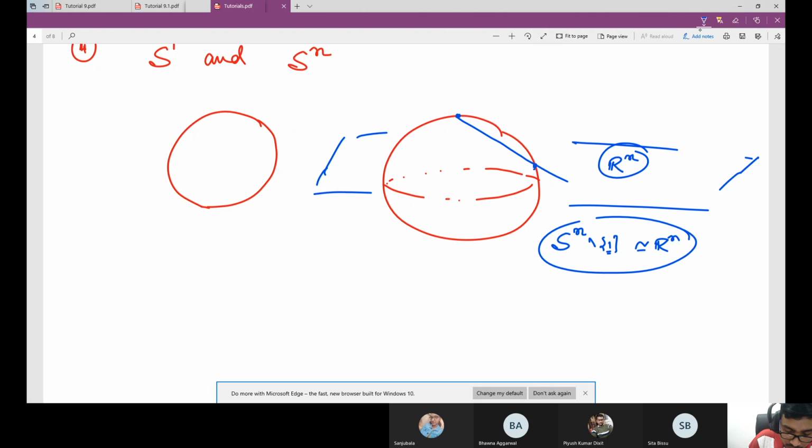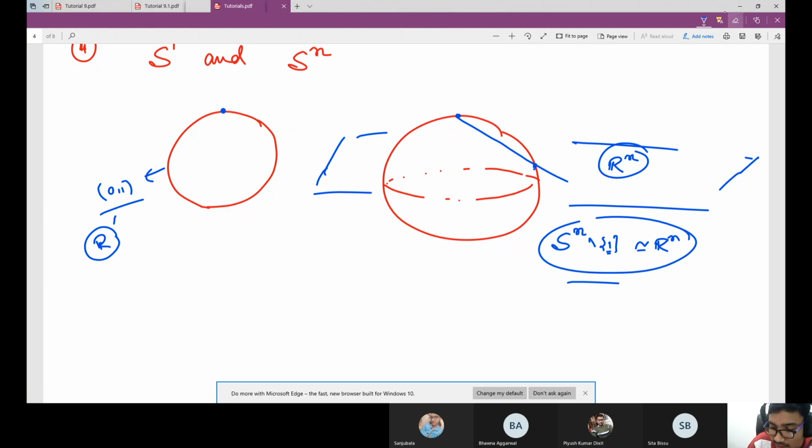So now if you delete one point from (0,1), it will be homeomorphic to, say, R, and here it is homeomorphic to Rn. So they are again not homeomorphic, therefore it's easy.